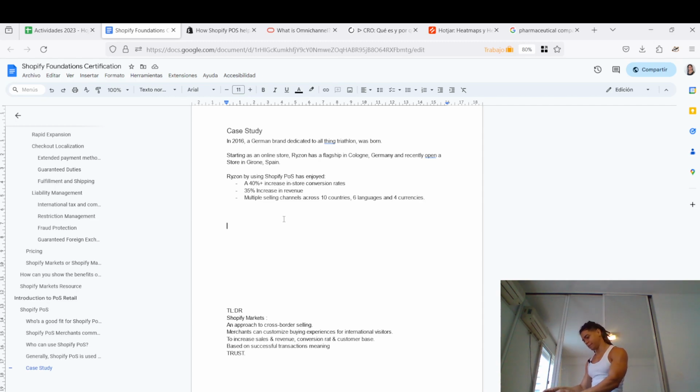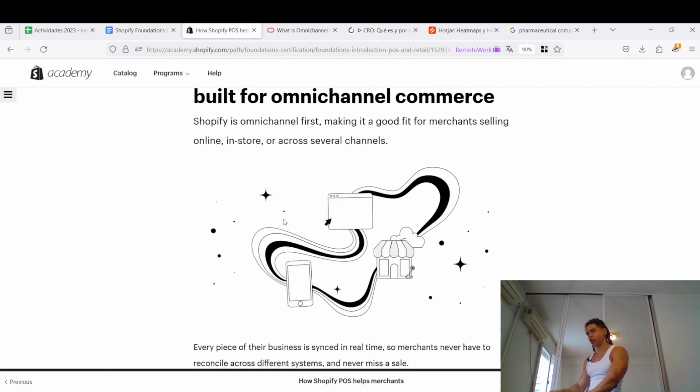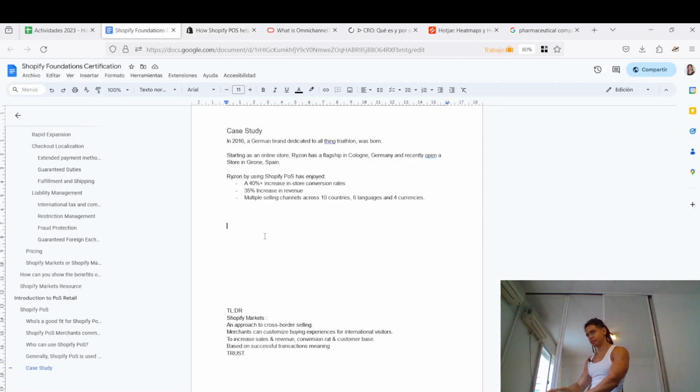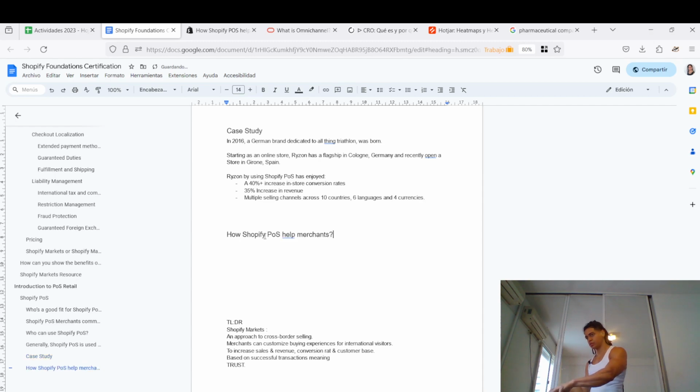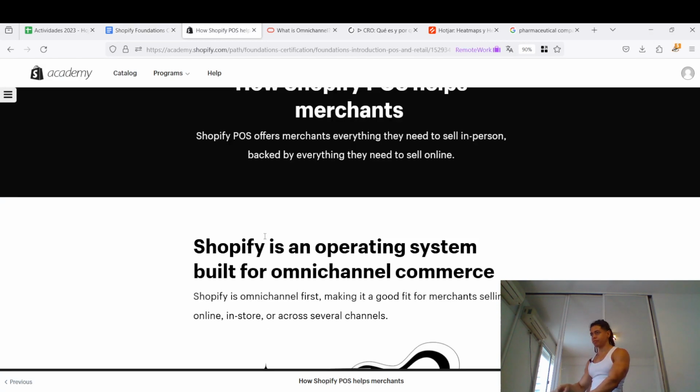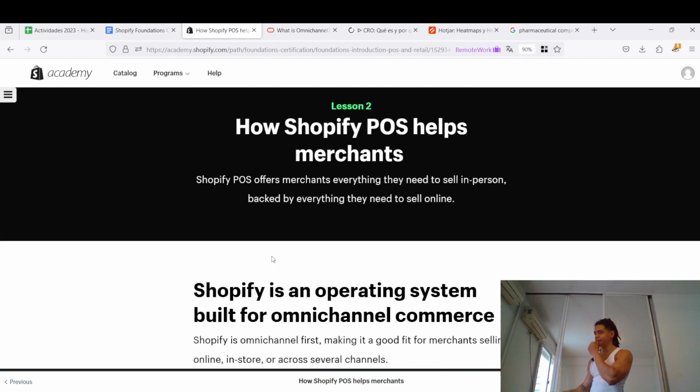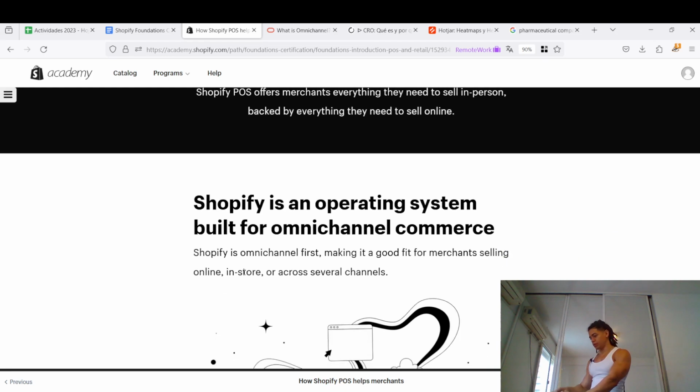So how does Shopify POS help merchants? By describing Shopify as a platform built for omni-channel commerce, like an operating system, but after all, it's a platform.